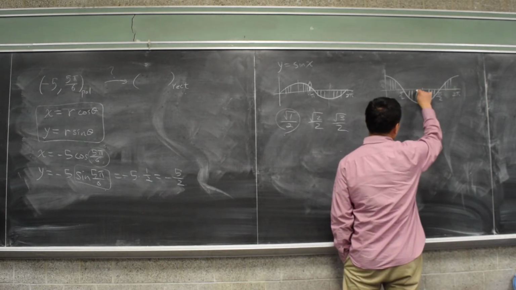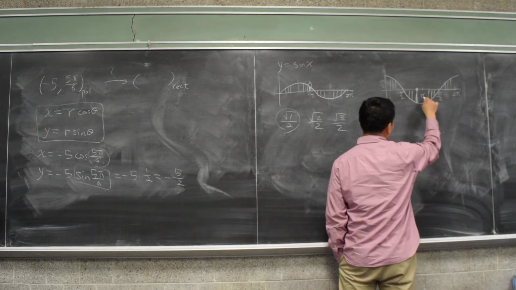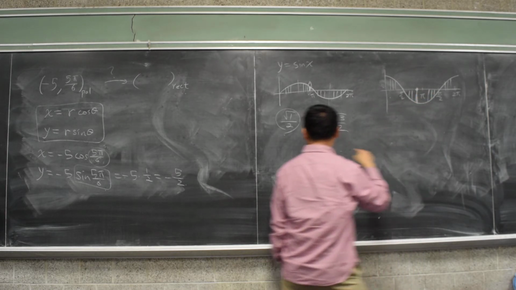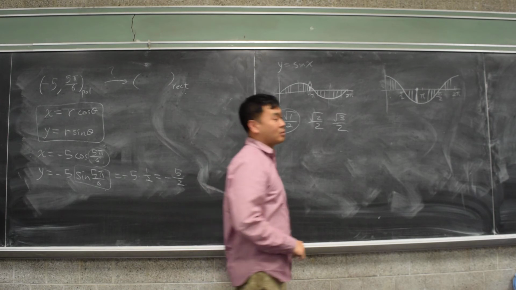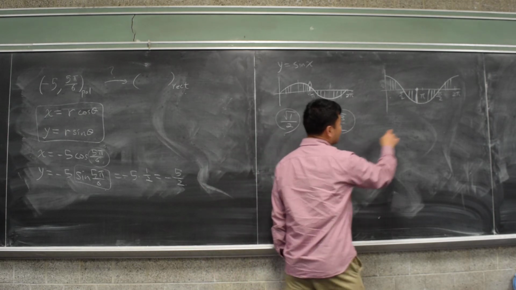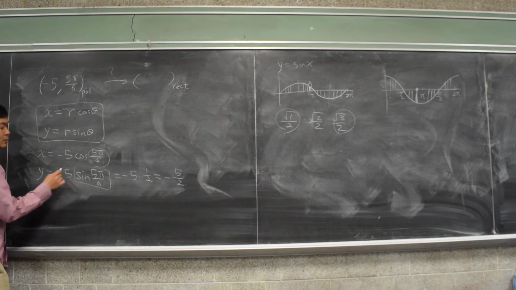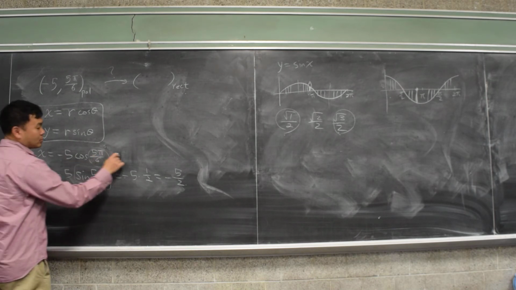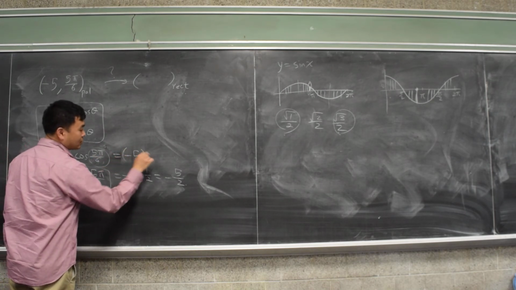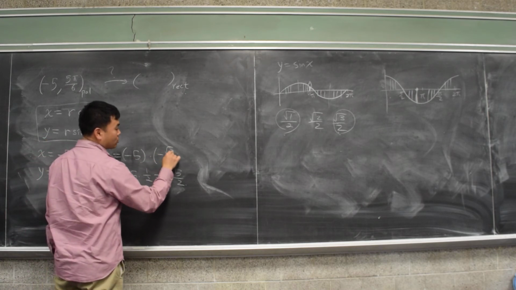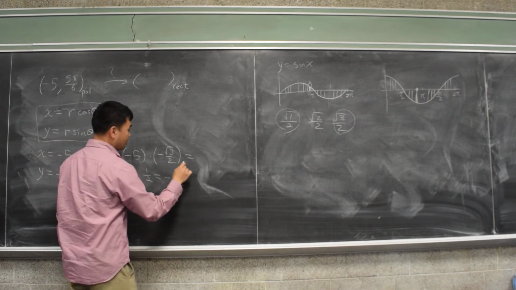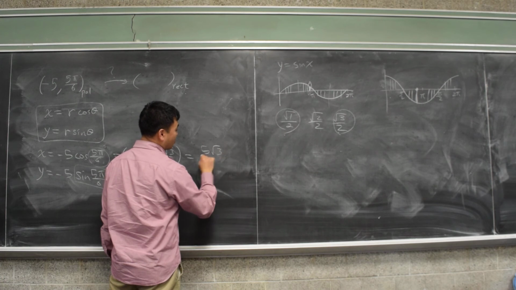If you look at 5π/6, which is right before π, among these, which one is it? It's a large size, right? But it's going down, so it's a negative value. So we know that it's negative √3/2. So this is negative 5 times negative √3/2, which is 5√3/2.